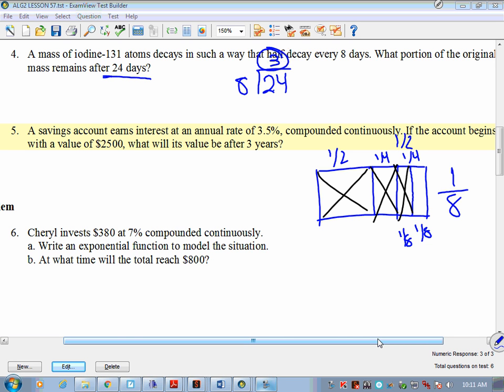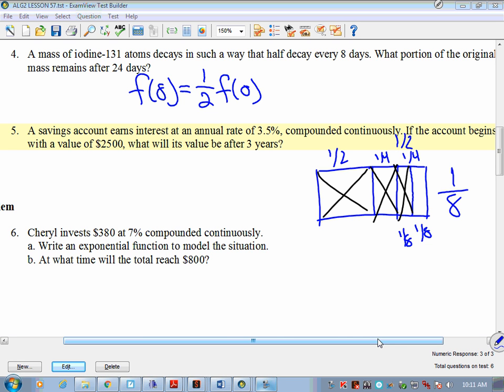Now, the way that they kind of show this as a function is going to look like this, is that f of 8 equals 1/2, let's see, where we'd get f of 0.